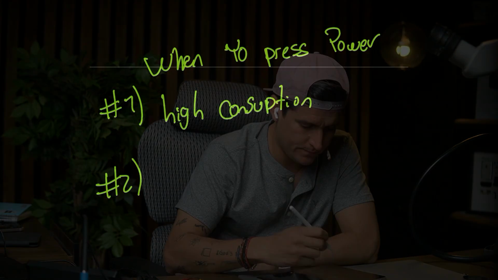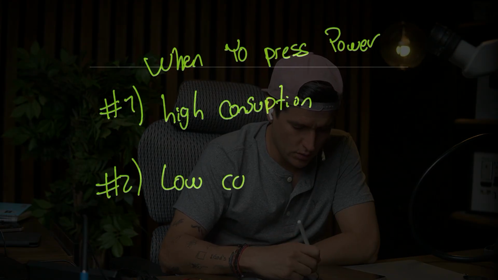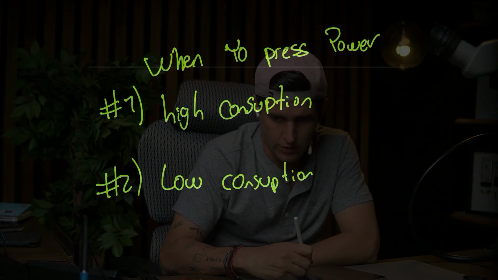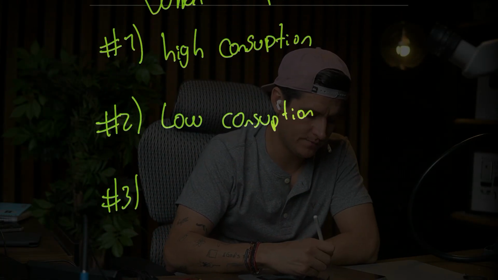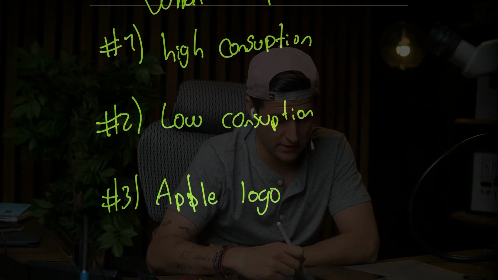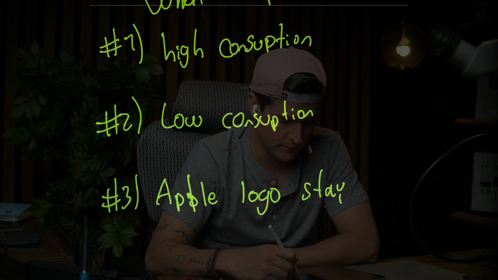Or number two, low consumption. For example, you press the power button and nothing happens. You just stay at 20 milliamps, and that's it. Okay, also sometimes you can have the Apple logo stay a long time.